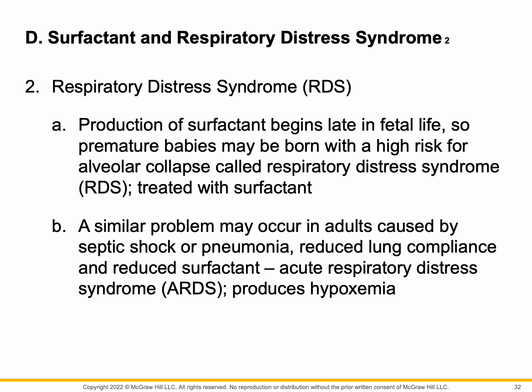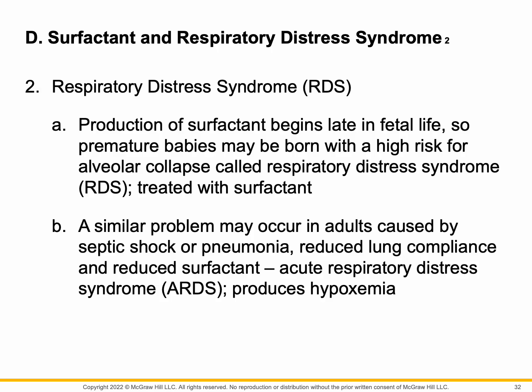In adults, a closely related but distinct condition called acute respiratory distress syndrome can be triggered by various illnesses or injuries. Production of surfactant begins late in fetal life, so premature babies may be born with a high risk for collapse of the alveoli, and in this case they would be treated with surfactant.